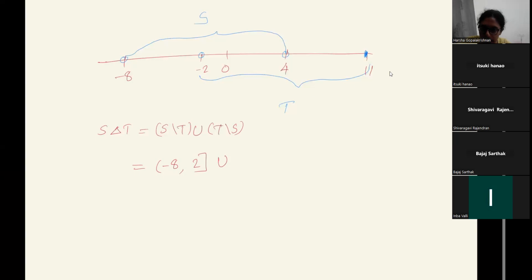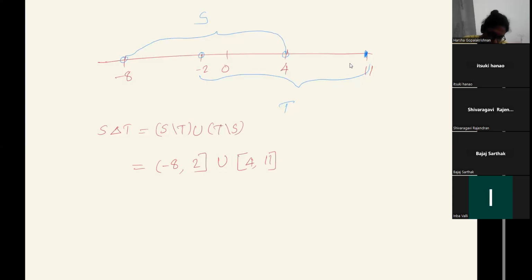The set of all elements in T which are not in S. Can anyone say? 4 included, 11 included. 4 to 11. 4 is also included because 4 does not belong to S. From 4 to 11.